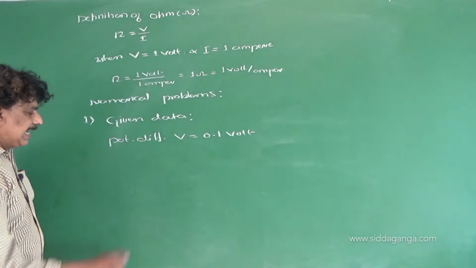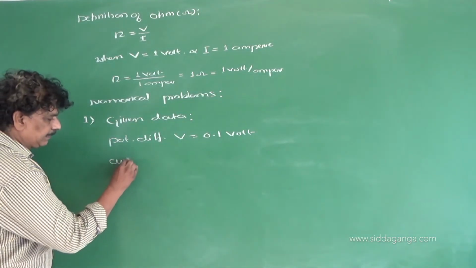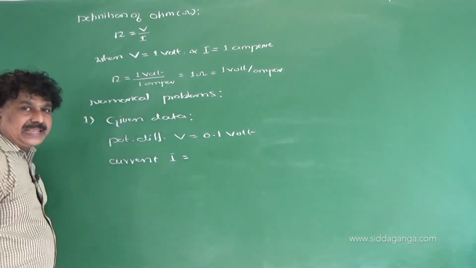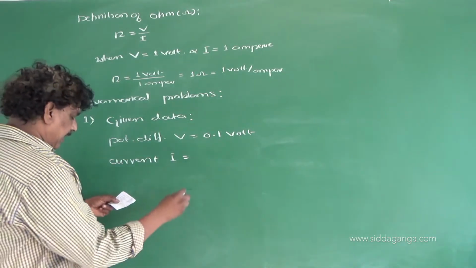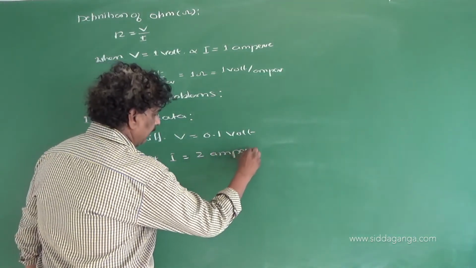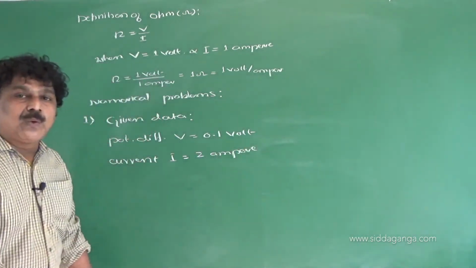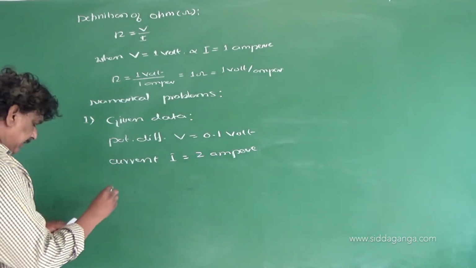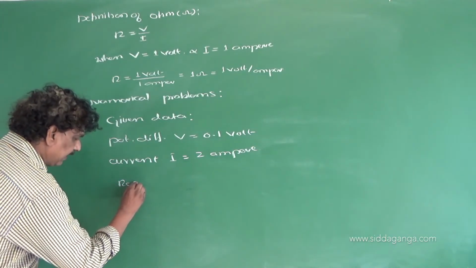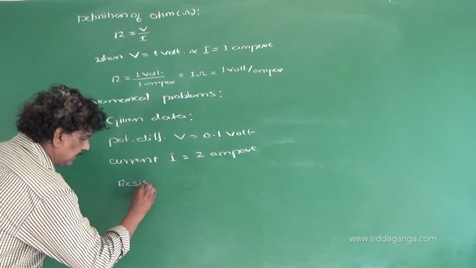Now what is the current flowing through the conductor? The current flowing through the conductor I is equal to 2 ampere. What we need to calculate is the resistance of the conductor, or between the two ends of the conductor.